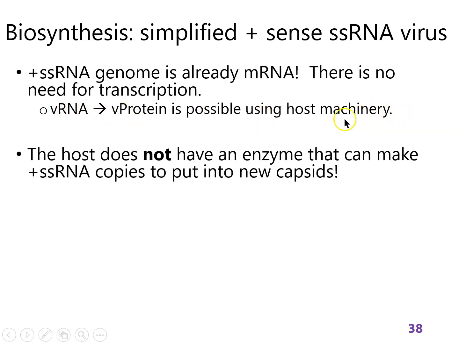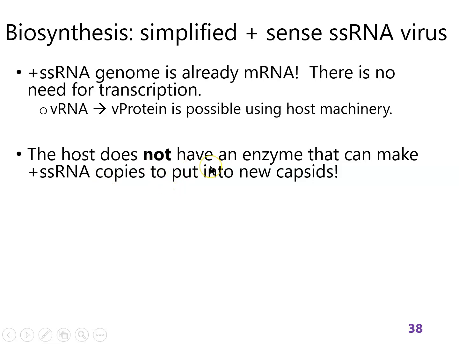using the host machinery. The problem that this runs into is that the host does not have an enzyme that can make copies of this. So to make a copy of this, we would have to make an anti-parallel negative-sense RNA. The complementary strand of this we call negative-sense. And then we would use that to make copies of this.